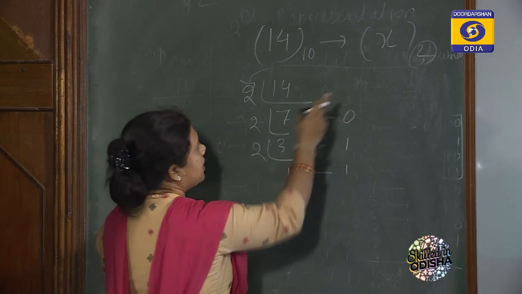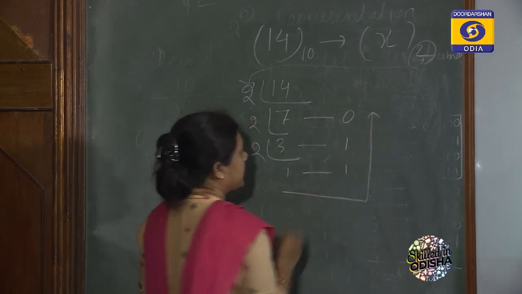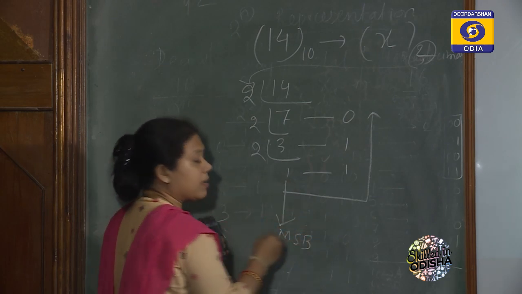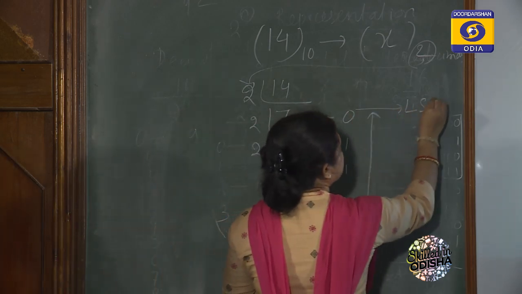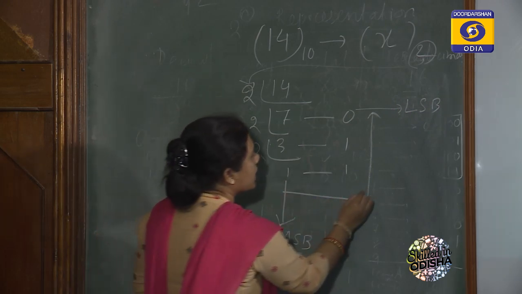Now how to write the binary conversion? Here we have to go in this way. This one is the MSB, that is our most significant bit, and this one is our LSB, the least significant bit. So we have to go in this way.